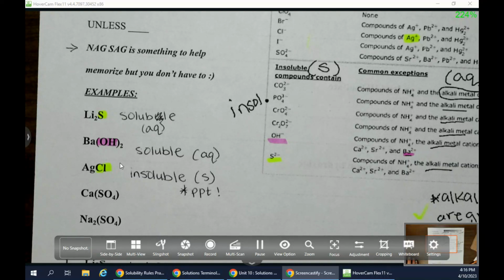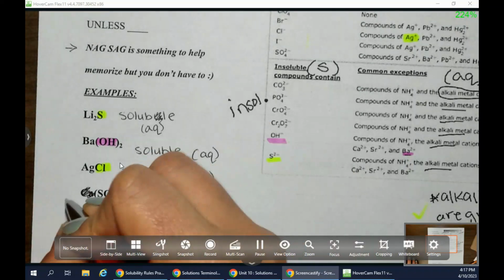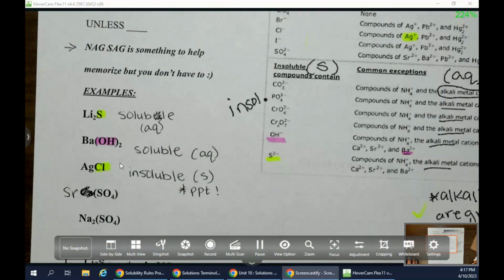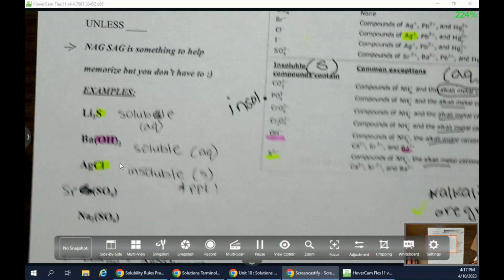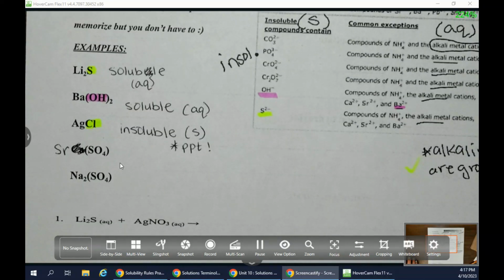Calcium sulfate. I'm going to actually change it because I gave you kind of an awkward one. So I'm going to have you cross out the calcium and change it to strontium. All right, so strontium sulfate.